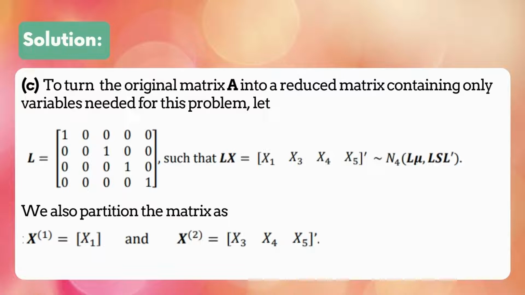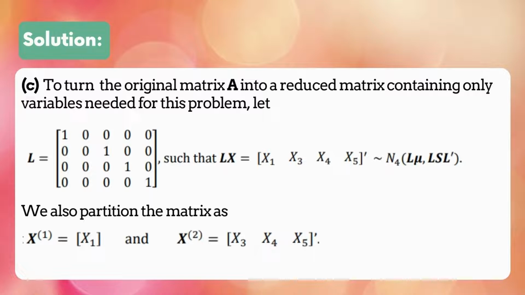Such that, by multiplying L to the matrix X, we have (x1, x3, x4, x5) transposed, which follows the normal distribution with mean L mu and variance L times sample covariance matrix X times L prime.